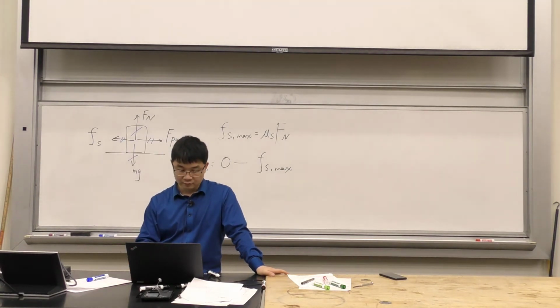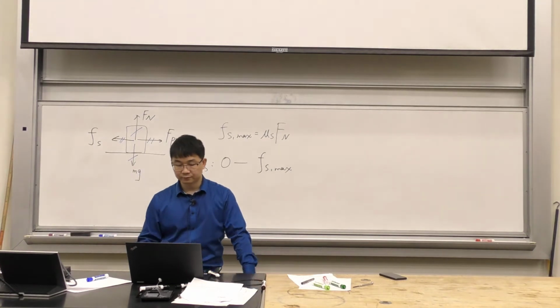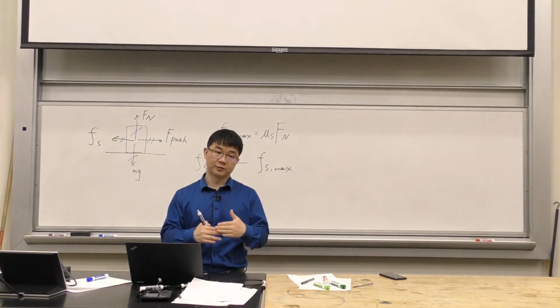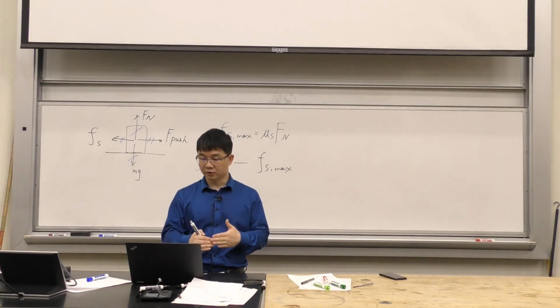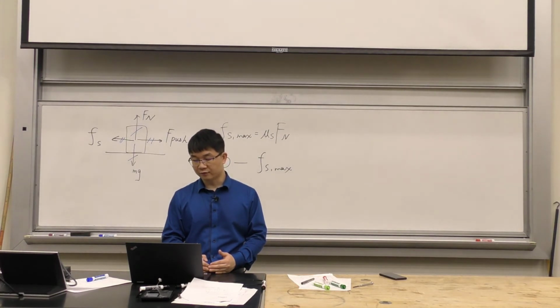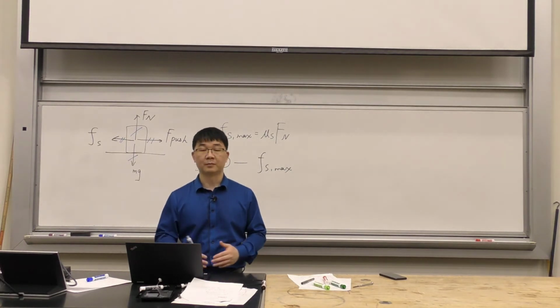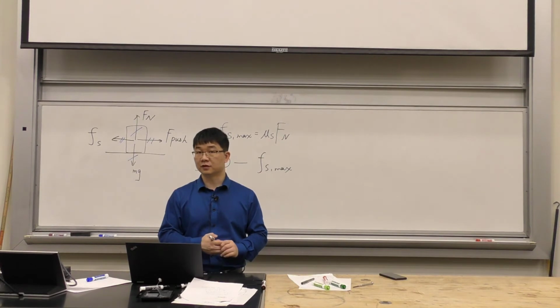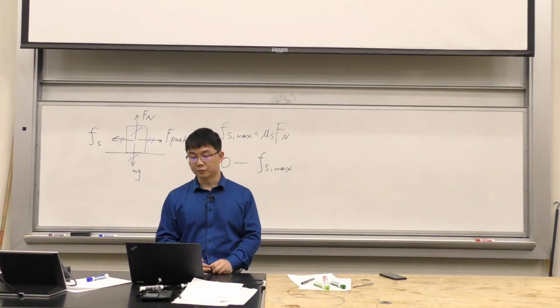So how do you determine mu s between an object and a surface in an experiment? I can tell you a very simple experiment that can be used to determine the coefficient of static friction between two surfaces. Of course, this is not very accurate, but that's something we can do in a classroom, in an intro level physics class, to determine the mu s.